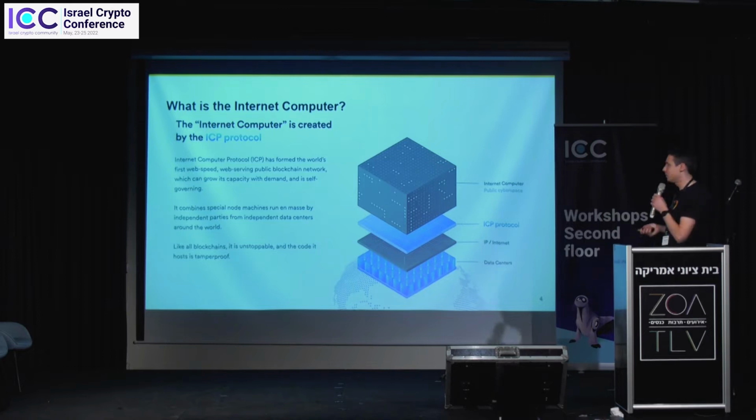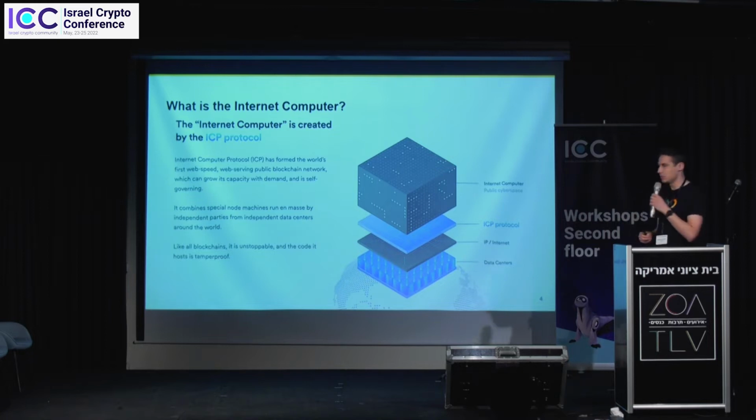And we also have a governance layer, so basically the whole internet computer is one big DAO. So if you hold ICP and you stake them, you get a vote in the governance smart contract, where you can influence in which direction the whole project is going to go. You can vote on software updates, for example, to the replica, being the software that is run on each node machine.